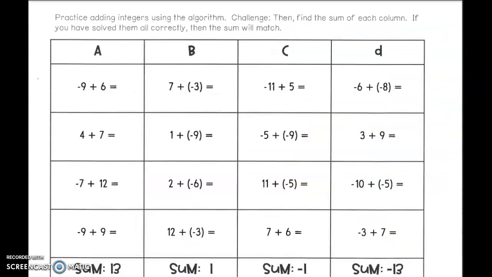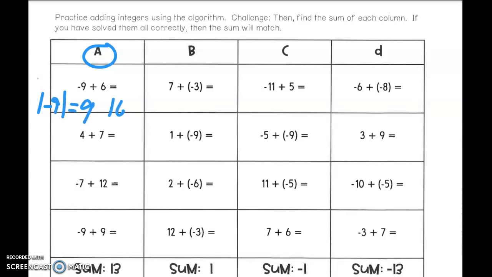We're not going to go through all of these, just a couple of examples. Let's go on column A. Right here we'll do negative 9 plus 6. First we look at the signs. They're different, right? One's negative, one's positive. Therefore, we have to look at the absolute value of each. The absolute value of negative 9 is 9.